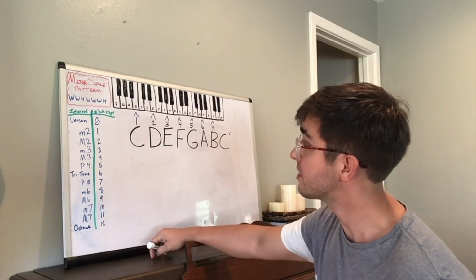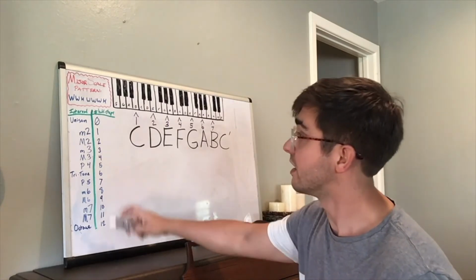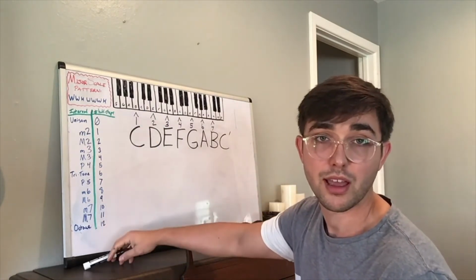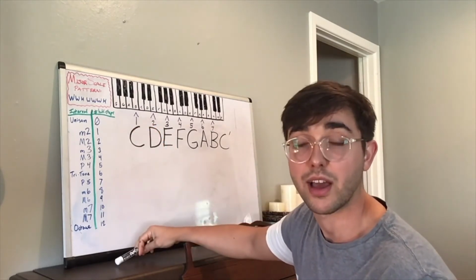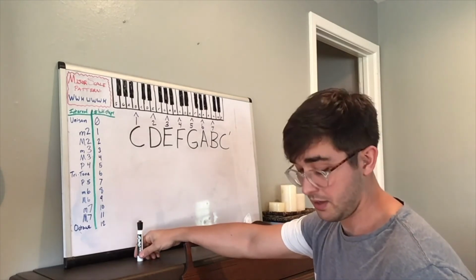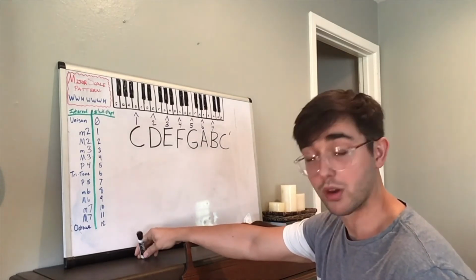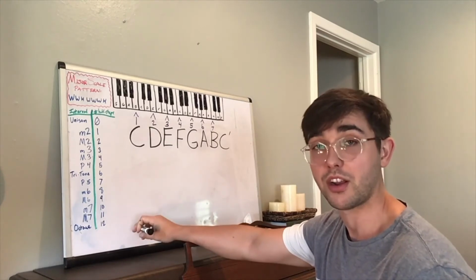Over here you'll see I've written out a chart that has a type of interval and how many half steps there are in that interval. We're going to go through each one and I'll show you in the C major scale where they occur.